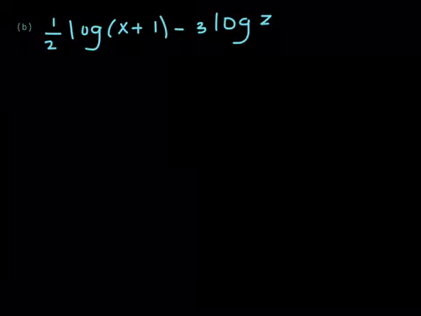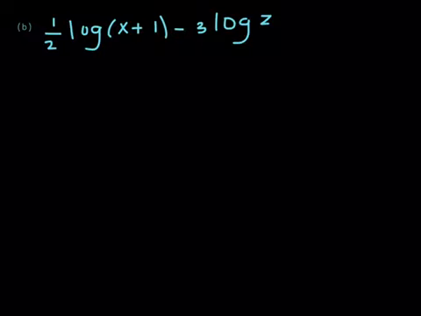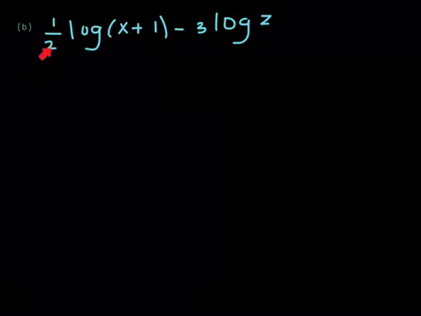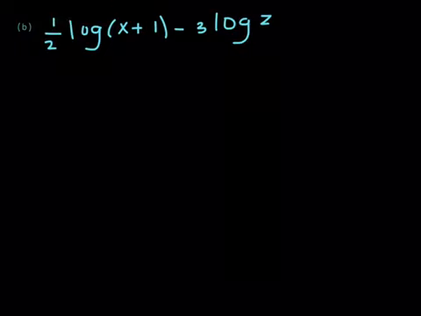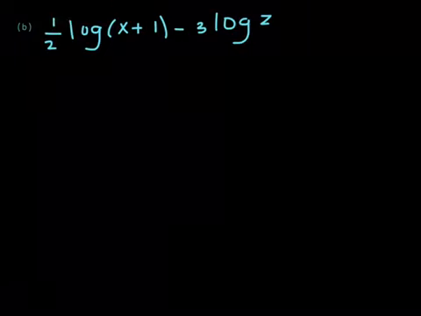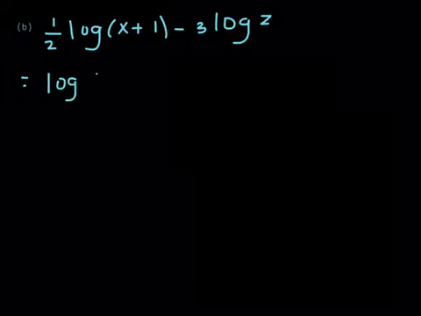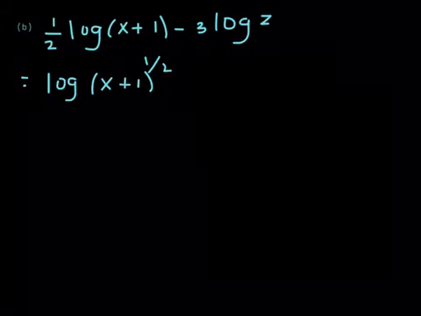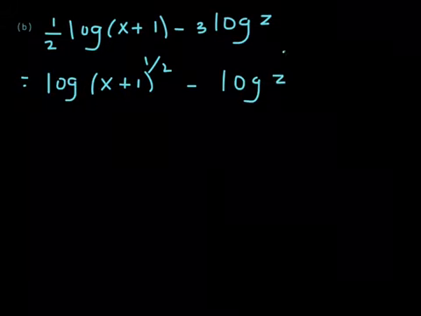Okay, the first thing that I suggest you do in order to write this as a single logarithm is to take these coefficients, 1/2 and 3, and put them up as powers, okay? So something like this. Log of x plus 1 raised to the power of 1/2 minus log base 10, log of z cubed, like that.